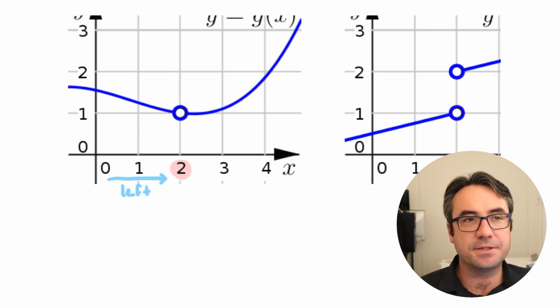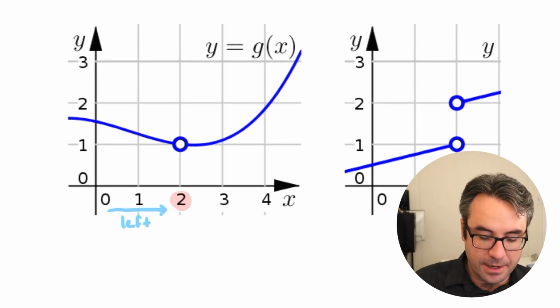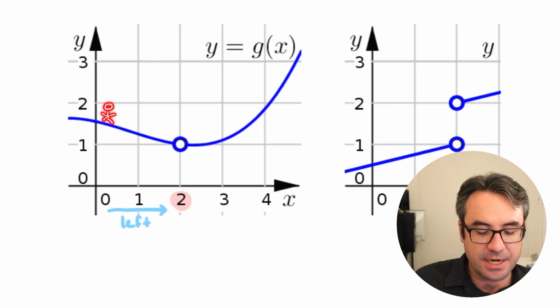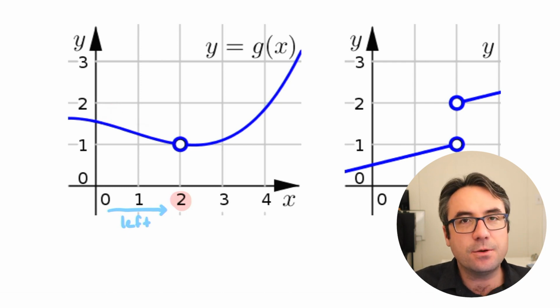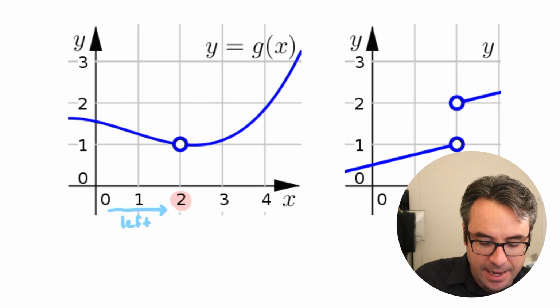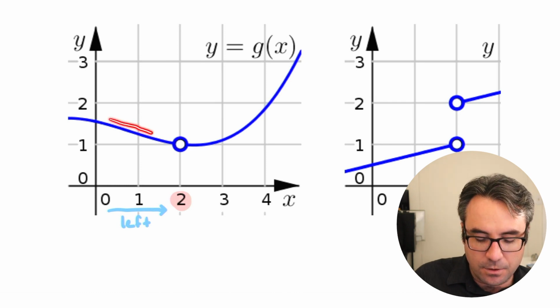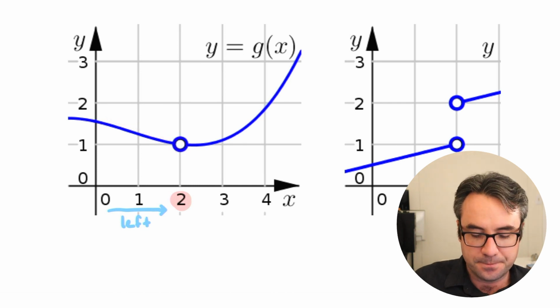The idea is we're going to imagine ourselves walking on the curve. Imagine standing on the curve here, and we walk along the curve and see where we go. Where is the curve taking us? As we walk along this left-hand side, it looks like we get closer and closer to this point right here.